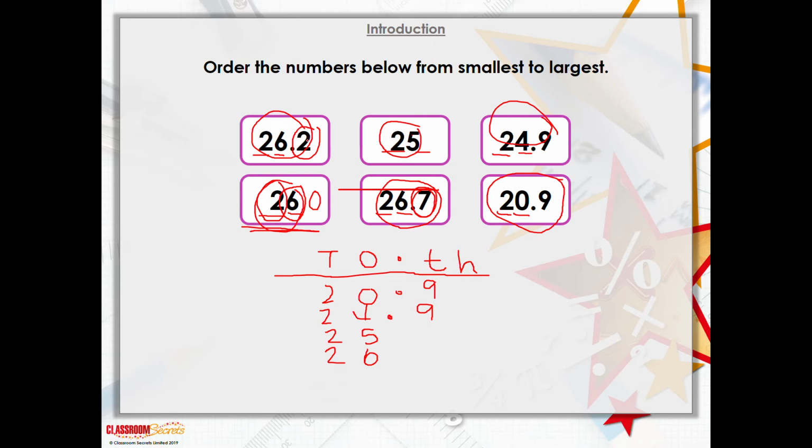And then I'm going to look at 26.2 is my next highest number. And finally, my last one, 26.7, is my largest number. Oh, sorry, I do apologise. It should be 26.7. So they're the answers.